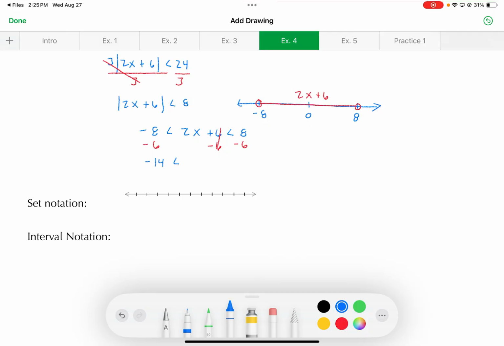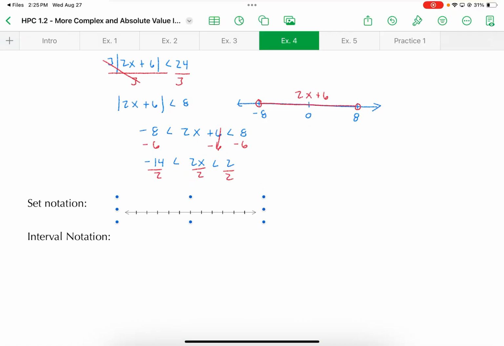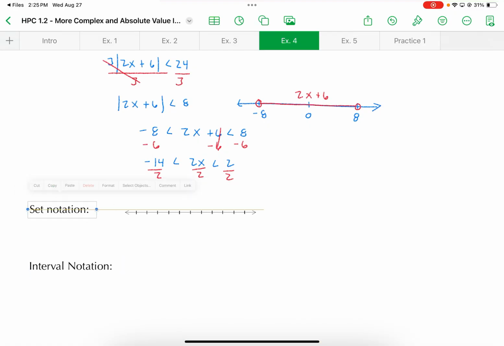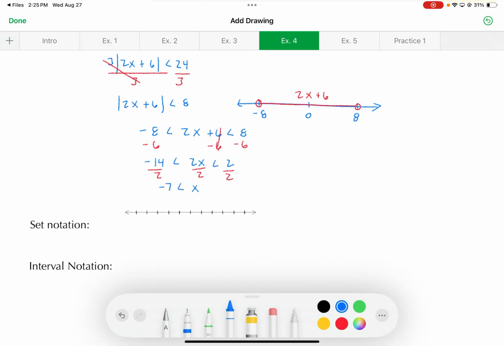Negative 14 is less than 2x, which is less than 2. Divide your 2 out. We're going to be between negative 7 and 1. And we don't want to include those values this time, right?